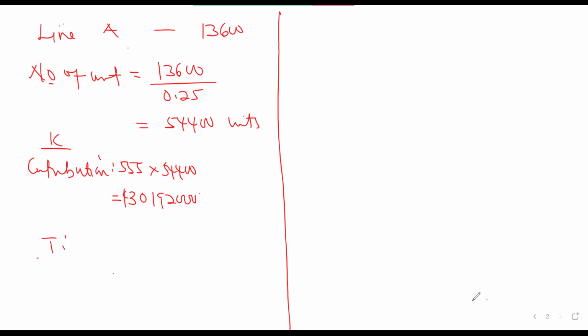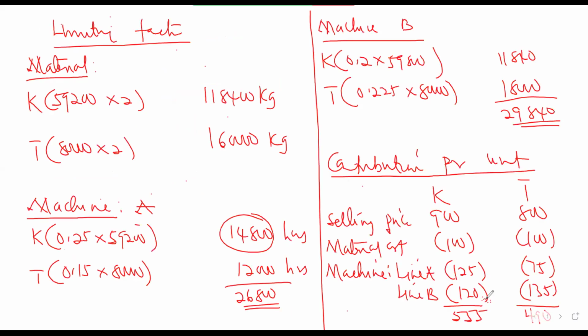Okay. If we are producing product T, you see that the material will be the first limiting factor, isn't it? Yes. And you see that machine B will also be a limiting factor there, isn't it?